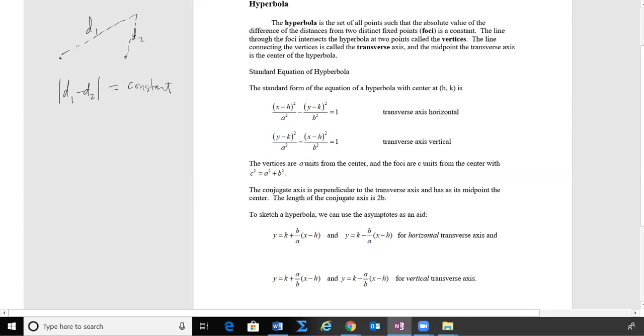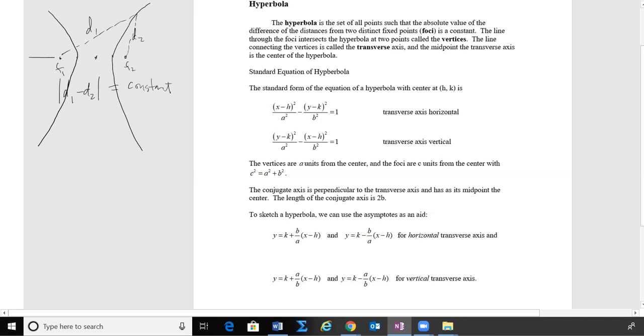Okay. Now, under those conditions, the way I've drawn this one, you'll have a center between the two foci, 1 and 2, we'll call those, and your curve will look something like this. And over here, something like that.